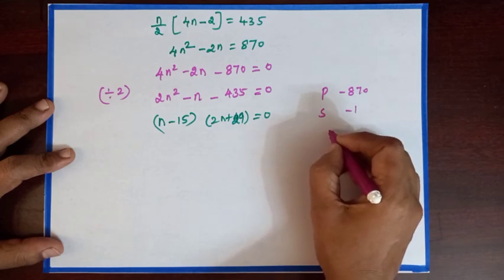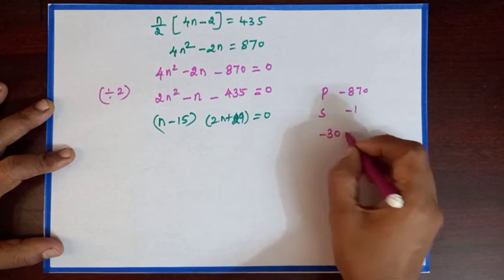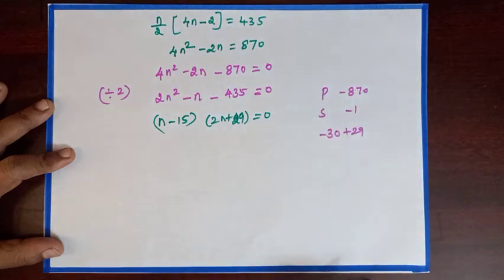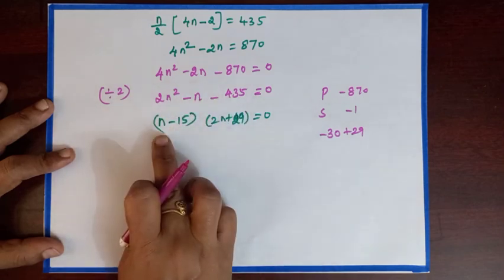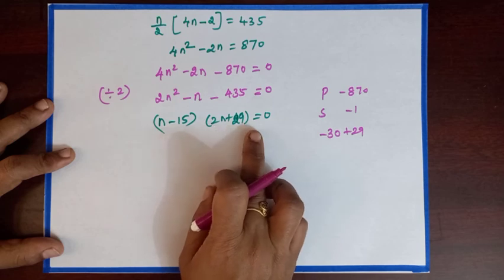So minus 30 plus 29 is minus 1, and minus 30 into 29 is minus 870. So the factors for this quadratic equation are n minus 15 into 2n plus 29 equal to 0.